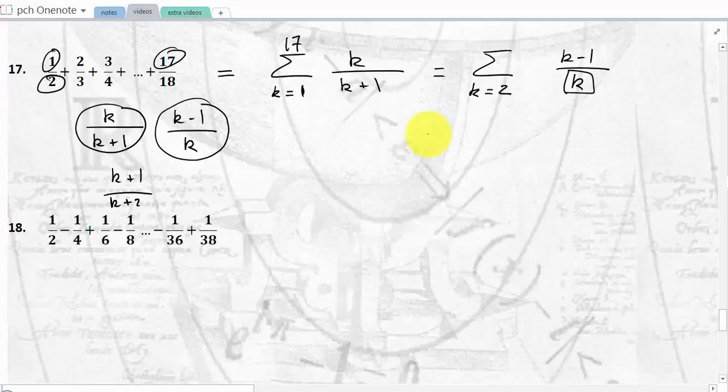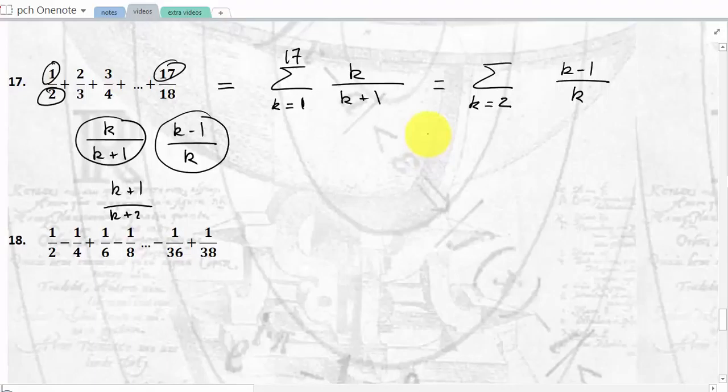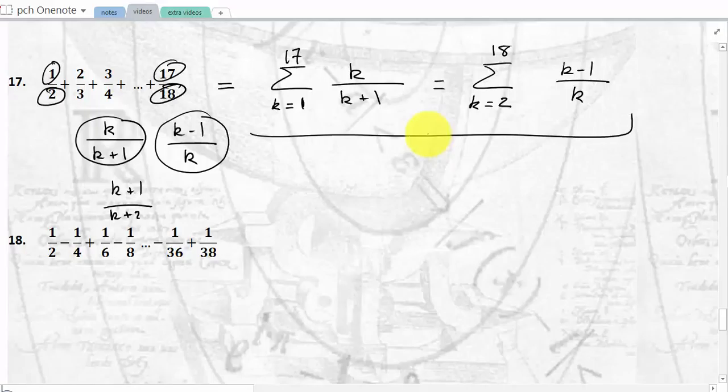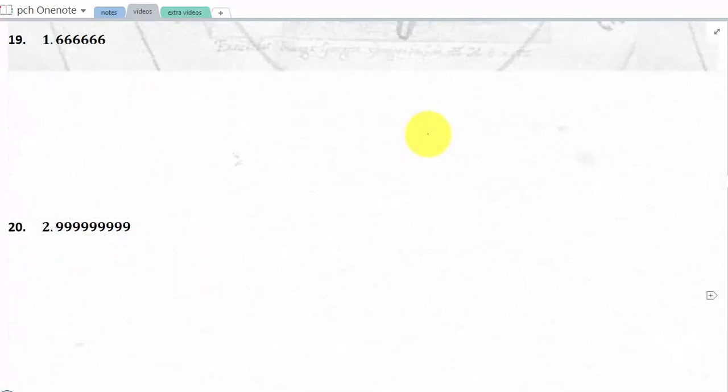You start at 2, right? And if you start at 2, then at the top it's 1. Okay, that works fine. Now k equals 2, and where do you finish? You finish at 18. From k equals 2 to k equals 18. So these two sums are absolutely the same. Okay, let's move on. Please do number 18.